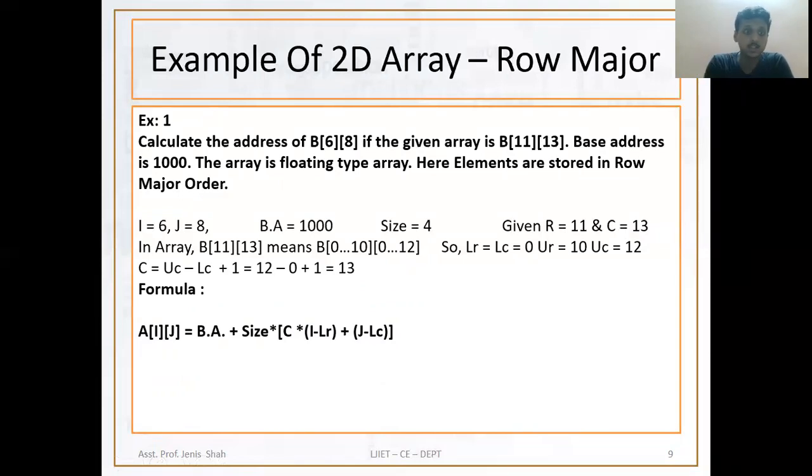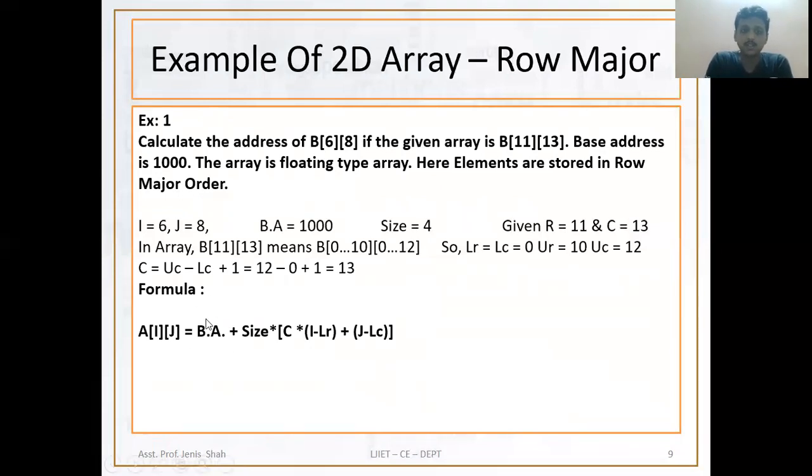Now the next one is the formula for finding the address. A[i][j] is equal to base address plus size multiplied by C star (I minus LR) plus (J minus LC). Okay, fine, so put in each and everything.